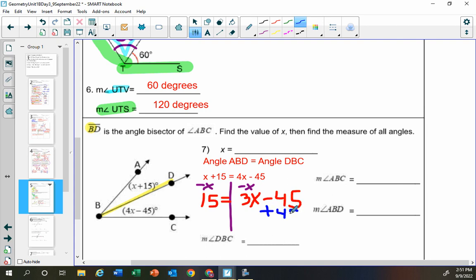And that would give you 60. You're going to get 3x is 60, yes. So 60 is going to be 3x. I know it's a little messy.